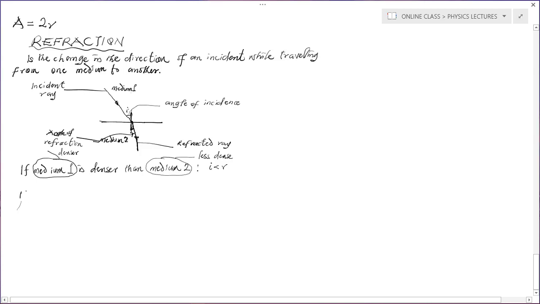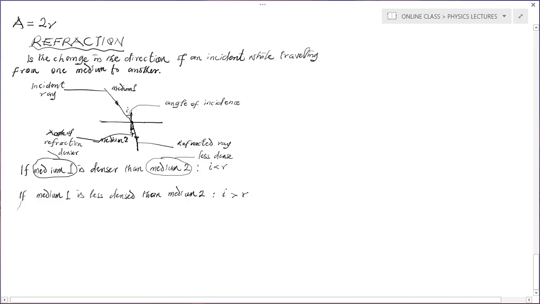Now, if medium 1 is less dense than medium 2, in essence it means that i will be greater than r.